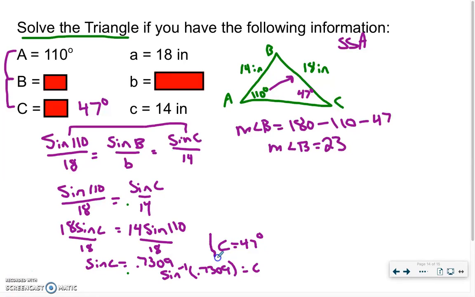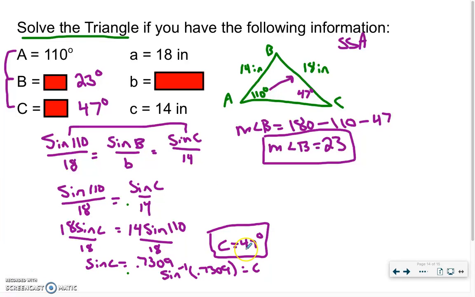So you found the measure of angle C, which helps you find the measure of angle B. So B is going to be 23 degrees. Now, if you give this as 46 or 47, I'm not going to mark it wrong, they'll just obviously change the value. I think in most cases when we solve these triangles, we want them to the nearest degree.